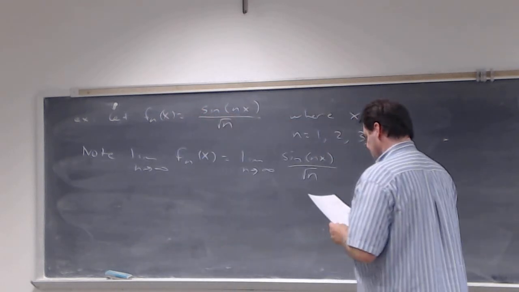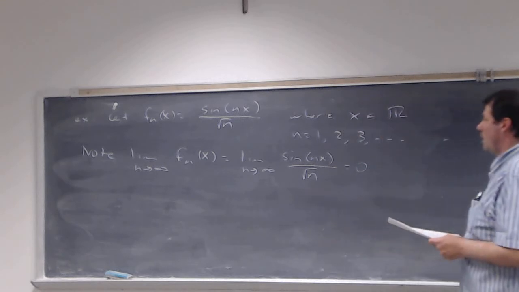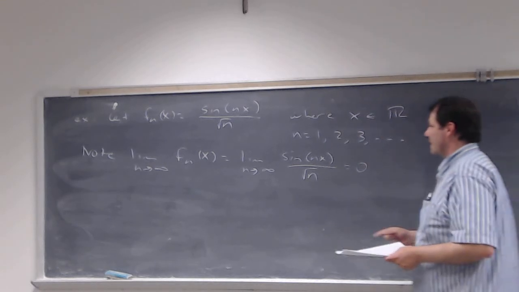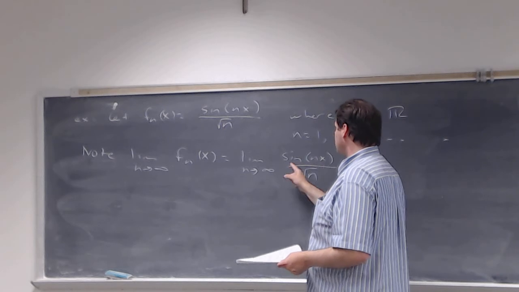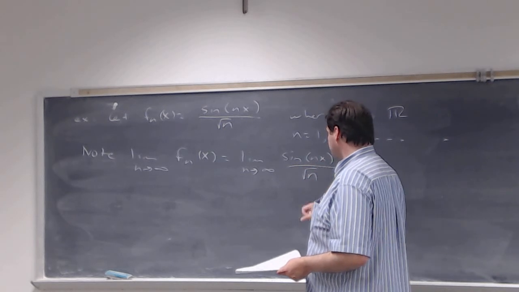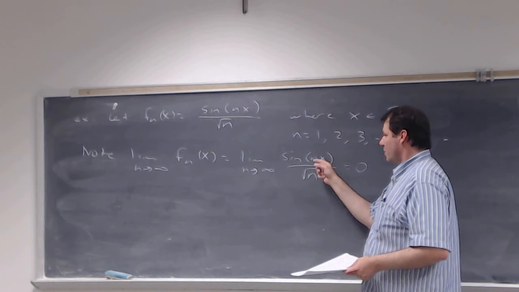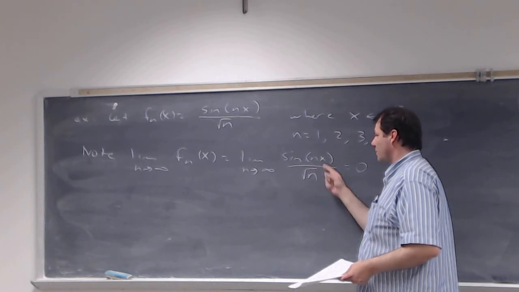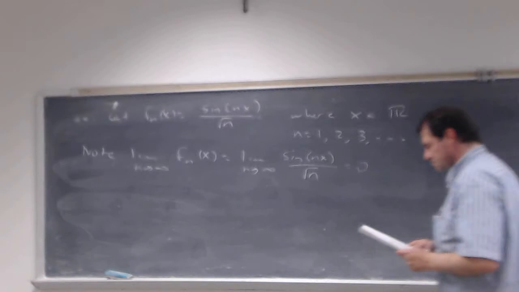And that's equal to 0. Now, that can be seen in that sine of n times x is going to bounce between -1 and 1. No matter what that is, when you divide it by the square root of n, and as n gets really big, the square root of n gets really big, you have these numbers bounded between -1 and 1 being divided by huge numbers, and that's what makes that go to 0.